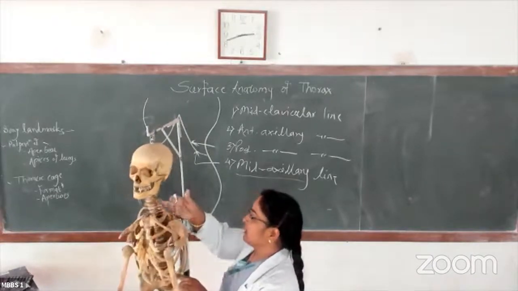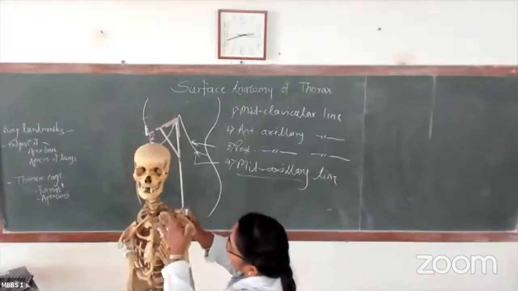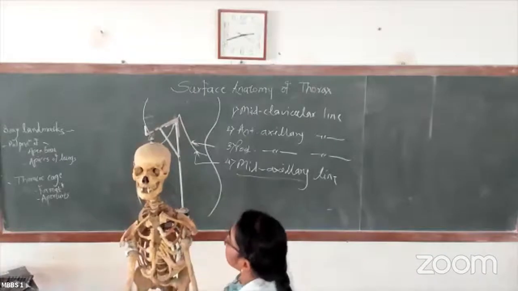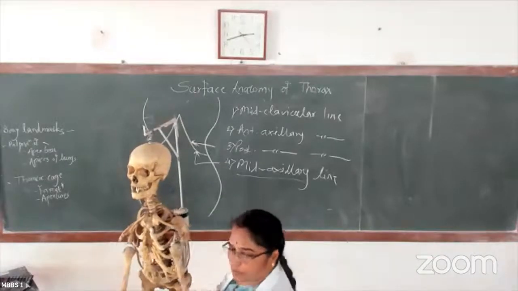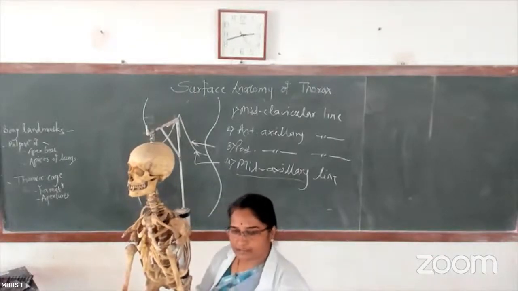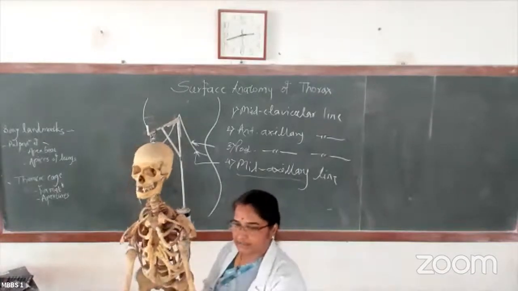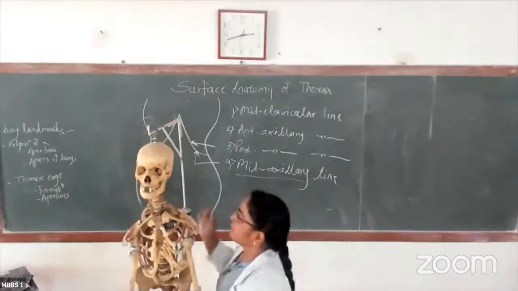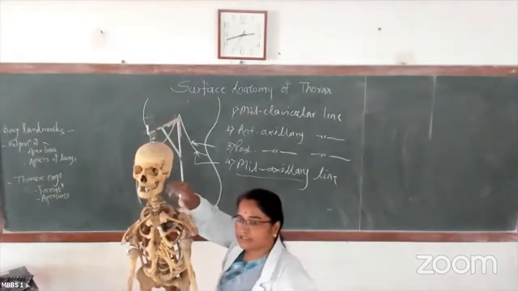Then how to palpate the ribs and intercostal spaces. Then the apex beat, how to palpate and where to palpate is the most important thing. I told you how to palpate and where to palpate. Again, palpation of the apices of the lungs.